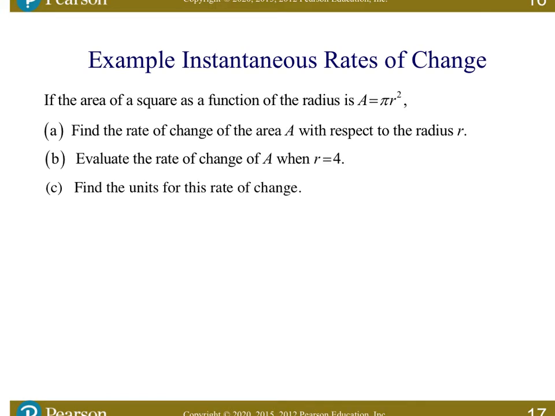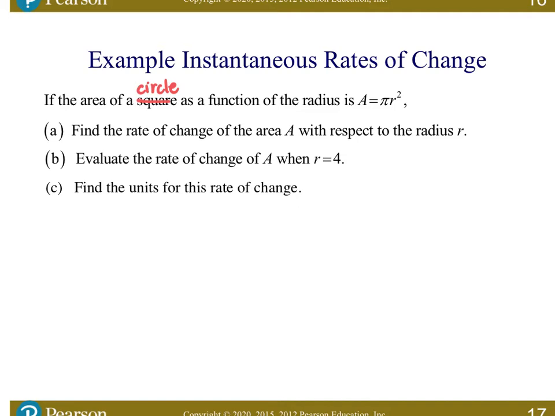So let's go through an example as it has to do with the area of, it's not of a square, cross that out, it is of a circle. All right, the area of a circle as a function of the radius. So we know the formula for the area of a circle is A equals pi r squared.